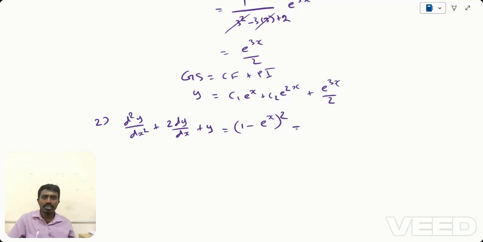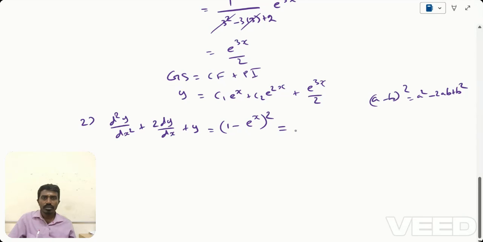Okay, so (1 minus e power x) the whole square can be written like (a minus b) the whole square. (a minus b) the whole square is what? a square minus 2ab plus b square. So you can expand it, then what you may get? 1 minus 2 e power x plus (e power x) the whole square, so that is e power 2x.